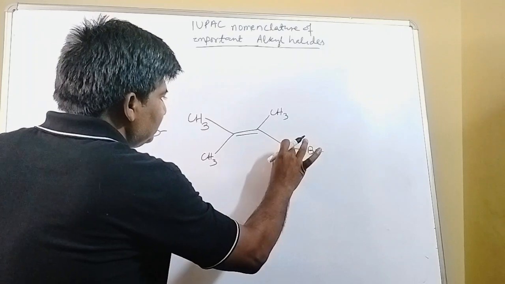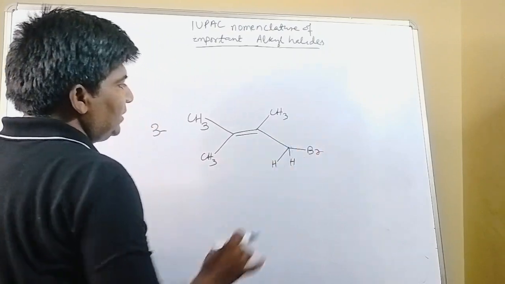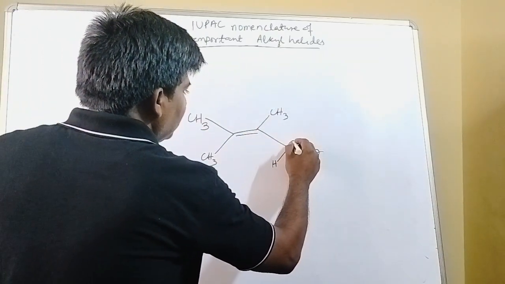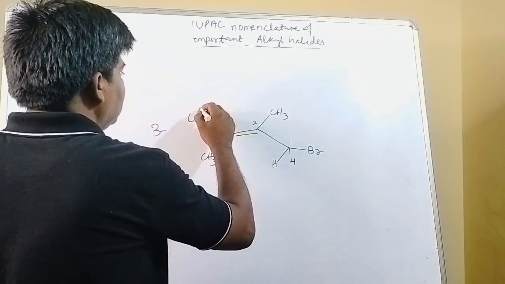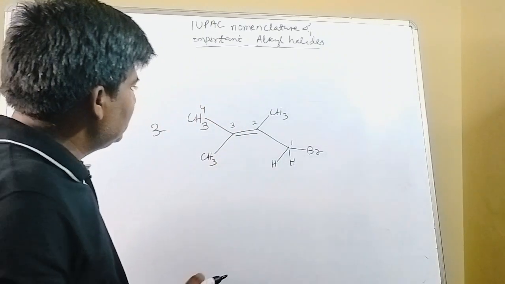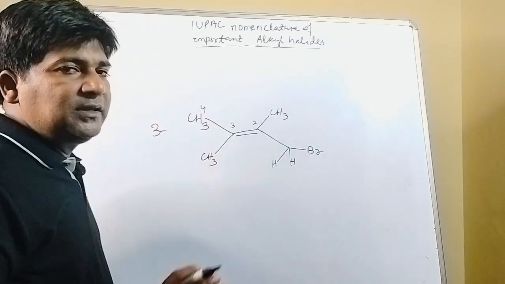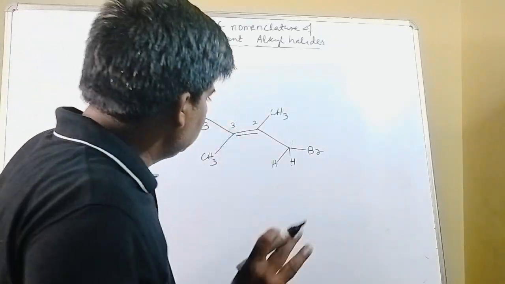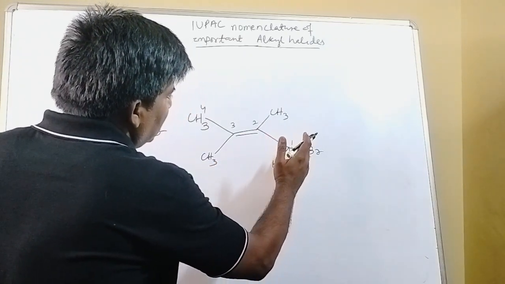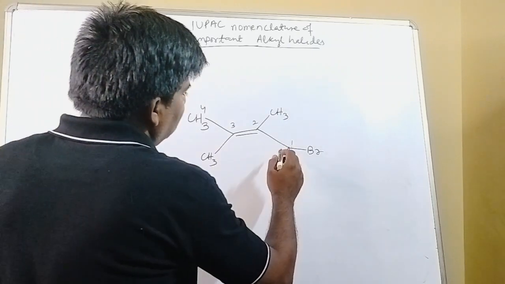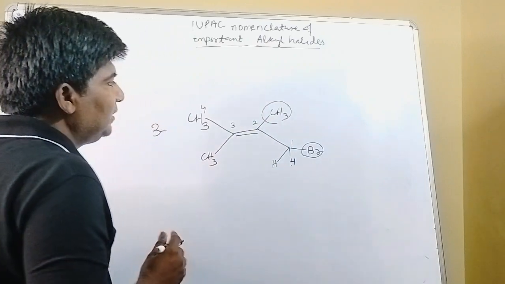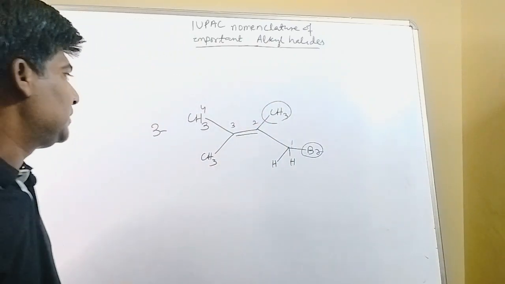Let us try the other way. If you start numbering from right to left, 1, 2, 3, 4, then also the double bond gets locant 2. That's why we have to choose the numbering from right to left, because here the substituents bromine and methyl get the lowest possible locants.